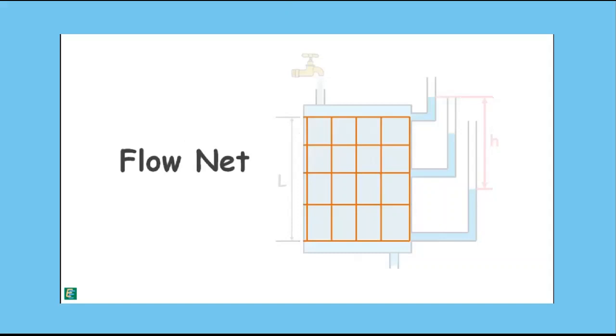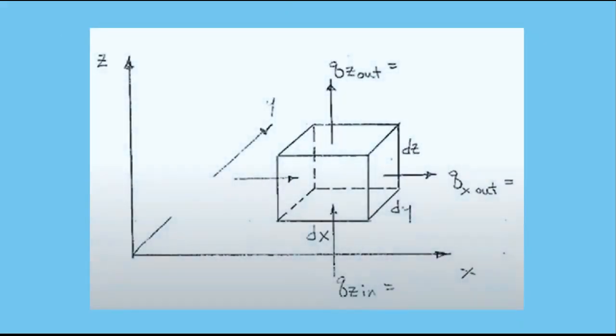Now that we understood the concept of flow net through this unidirectional representation, let us proceed to the representation with flow in more than one direction. Generally, the flow of water in soil is three-dimensional, but the analysis of such flow is too complex and difficult.